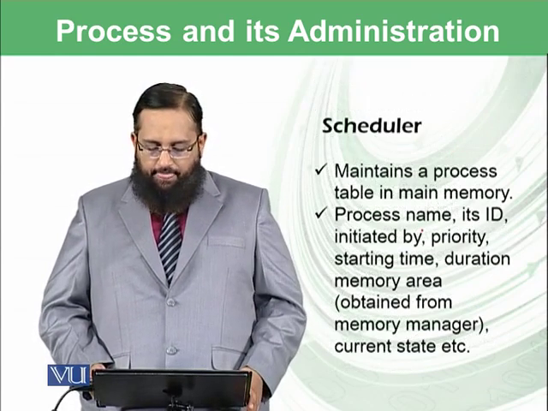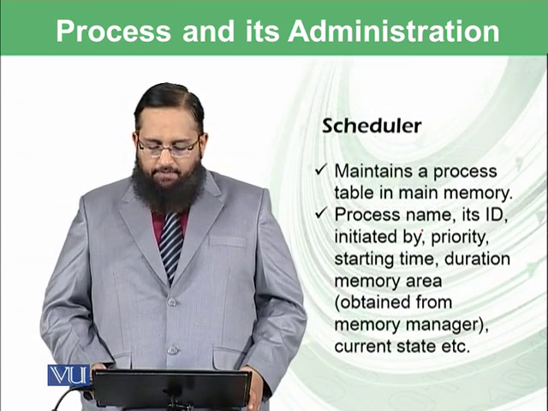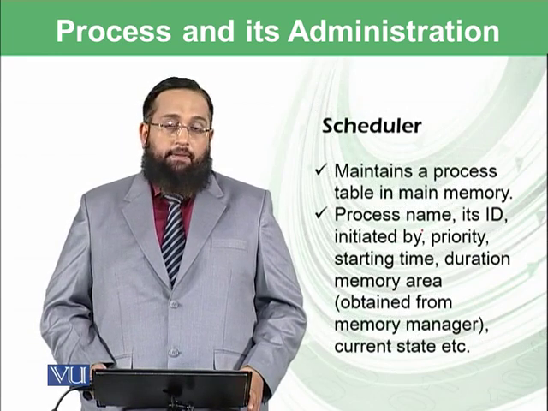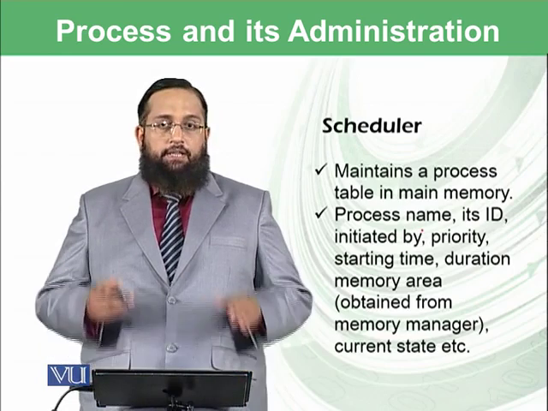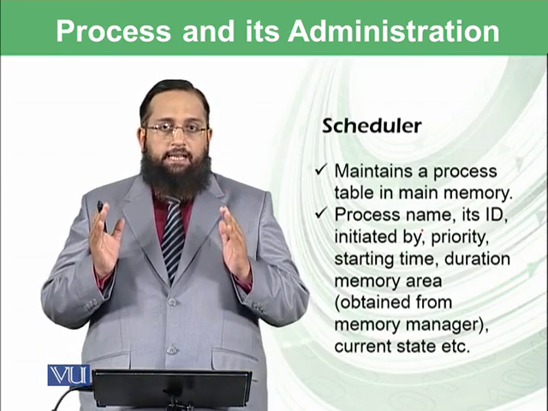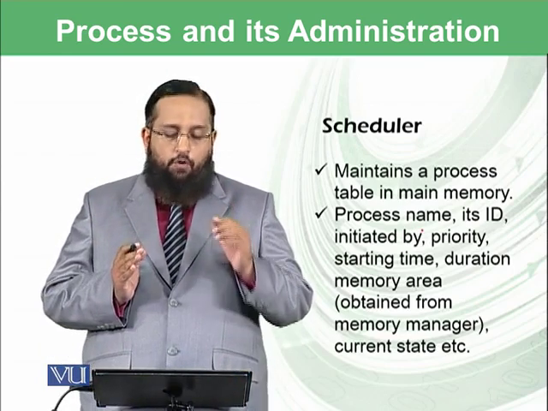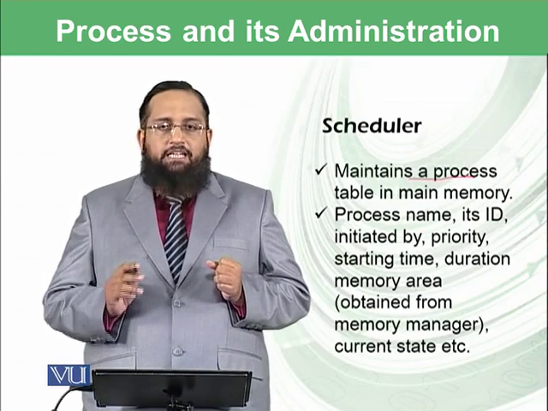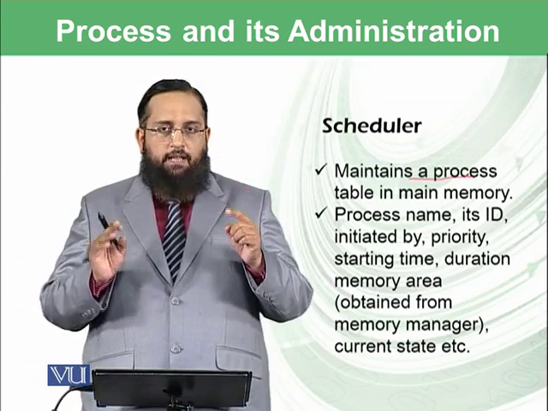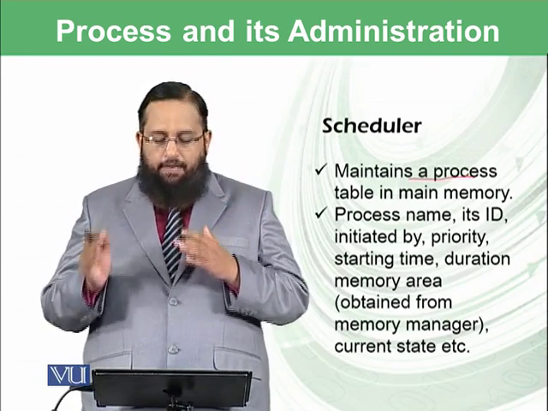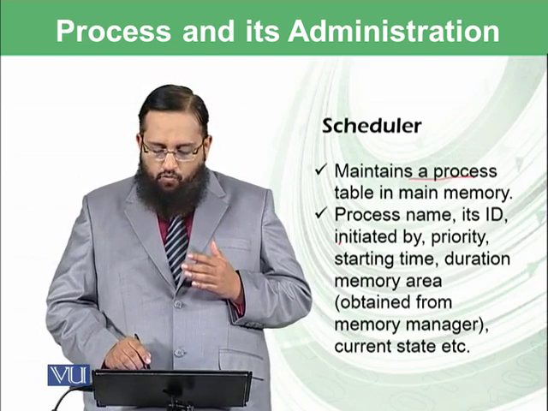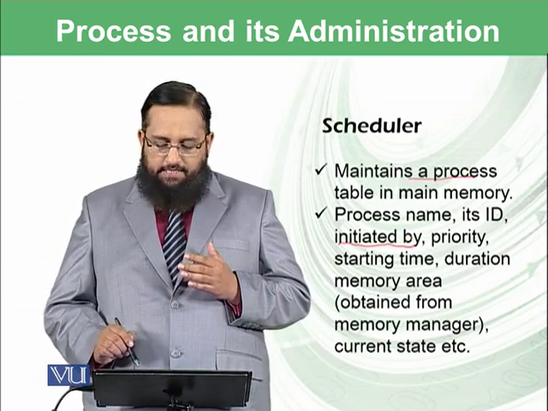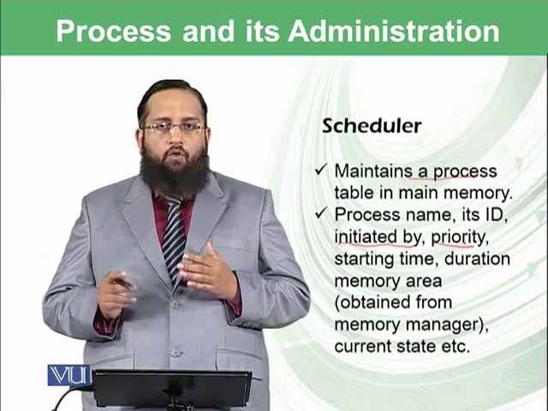The scheduler maintains a process table in the main memory. There is a dedicated space in the main memory where the scheduler maintains the process table. In that process table it stores the name of the process, the ID of the process, who has initiated this process, and the priority of the process.